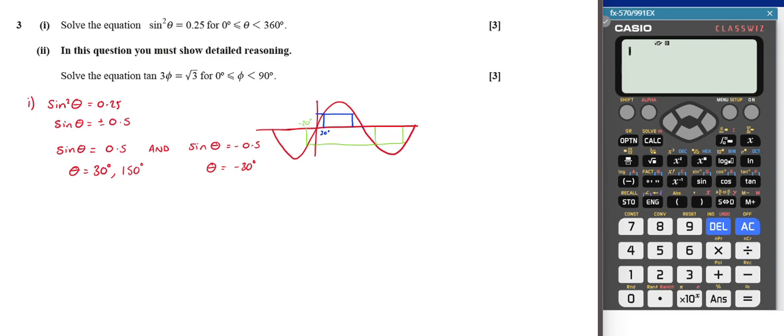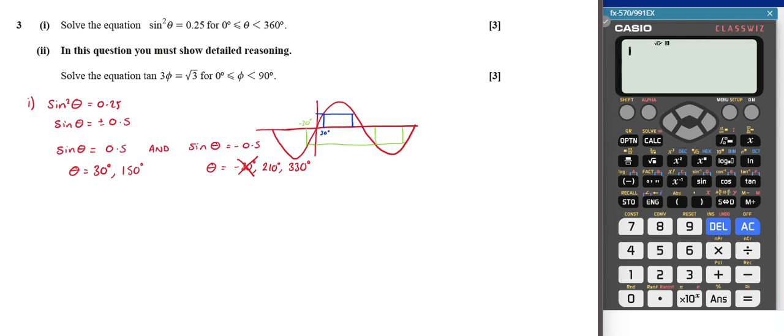So I'm going to have 30 degrees in front of 360 and 30 degrees after 180, so I have 210 degrees and 330 degrees. Minus 30 degrees is not in the range, so I'm going to get rid of it. It is important that if it's not in the range, you don't give it as a solution, but it should be visible that it was something you did consider.